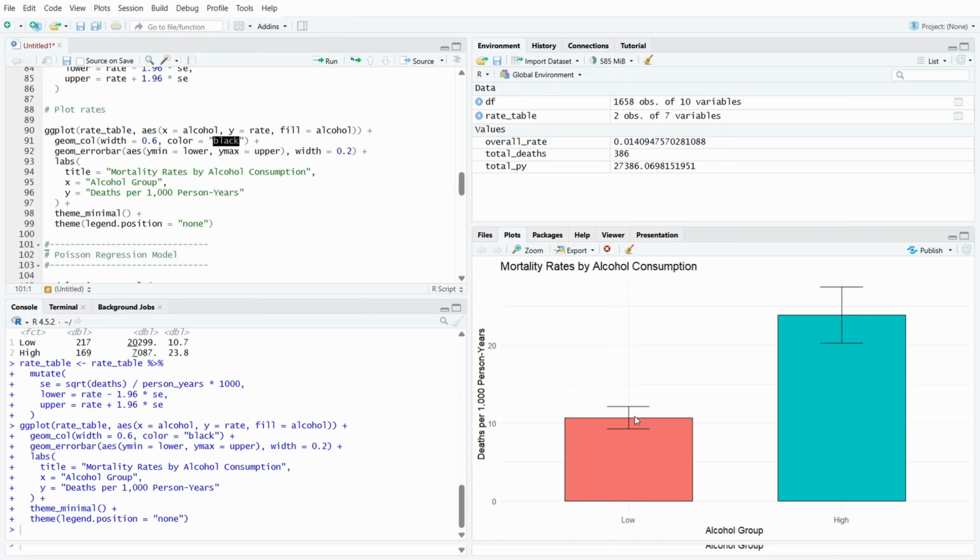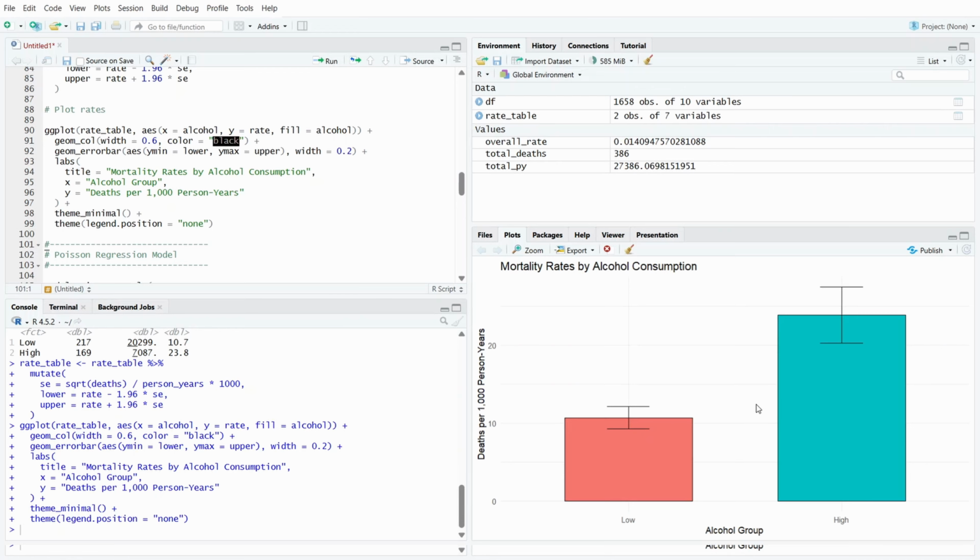The low alcohol group has relatively narrow error bars, suggesting a more precise estimate, while the high alcohol group has wider error bars, reflecting more variability, likely due to having fewer individuals. Even with this uncertainty, the intervals show limited overlap, which suggests the difference between groups is meaningful.